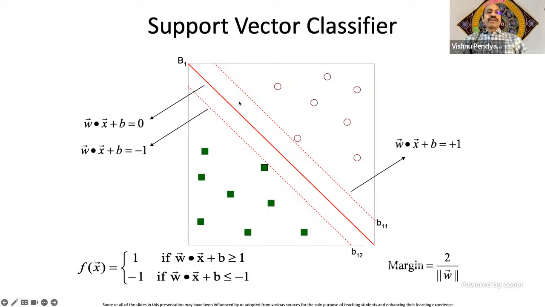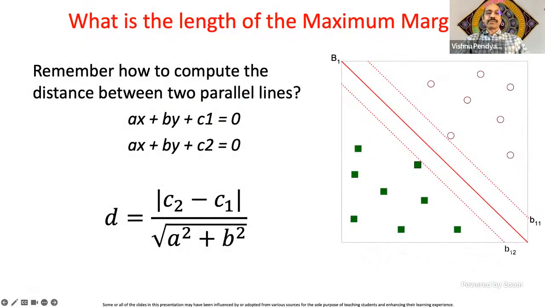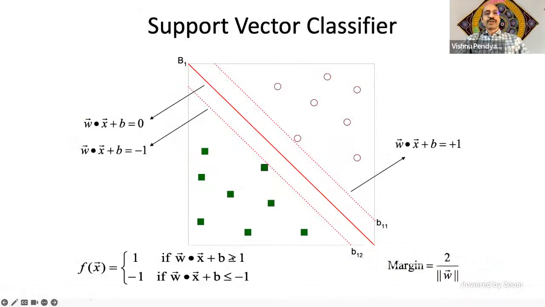So when this is the scenario, the margin, from the previous slide, is C2 minus C1 divided by the norm of the coefficient vector. C2 minus C1 is basically 2, since 1 minus -1 is 2. So the numerator is 2 and the denominator is the norm of the weight vector.